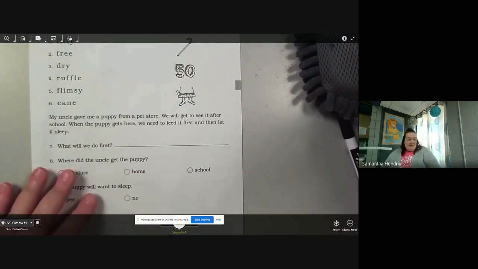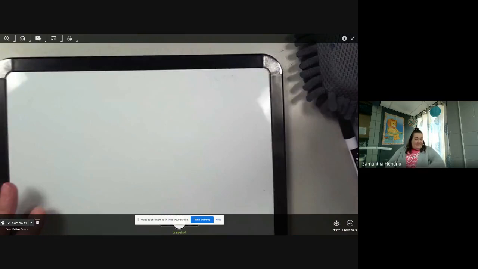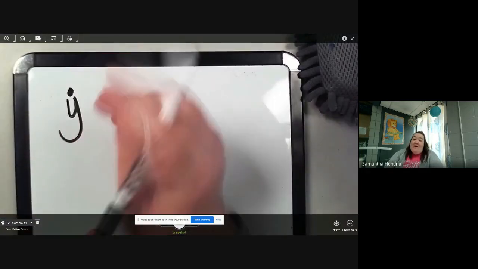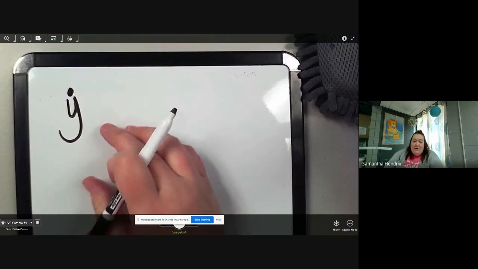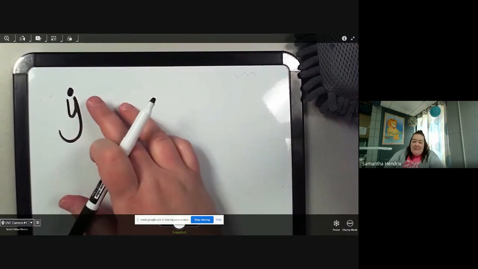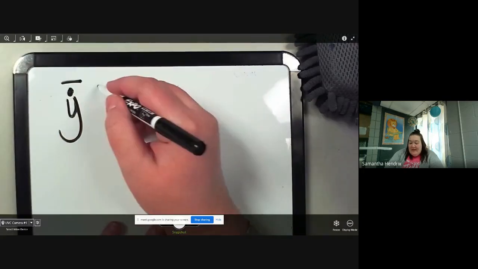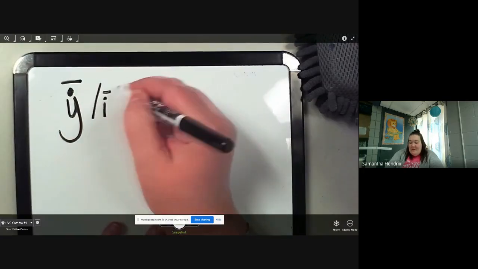And then we're going to review a little because that was a lot. So, how do we code Y's that sound like I's? We do a dot. All vowel Y's have a dot. Okay. So if it sounds like I, we do vowel Y with a macron. Okay. This makes the long I sound.